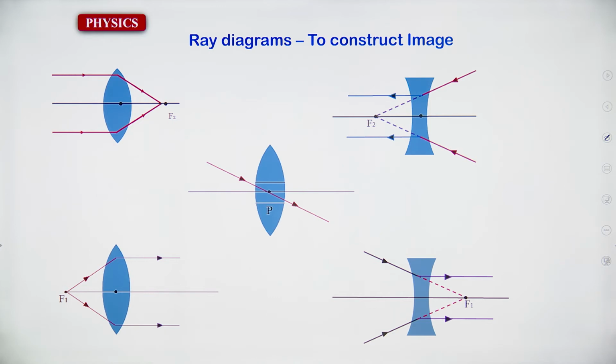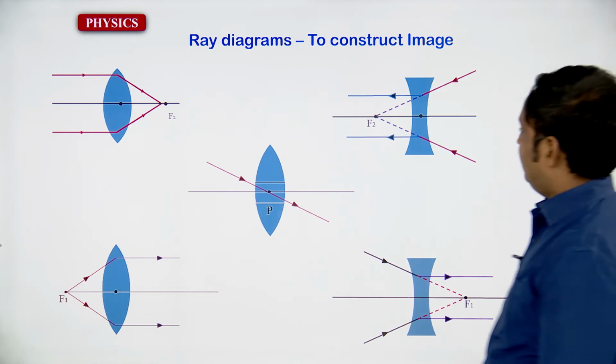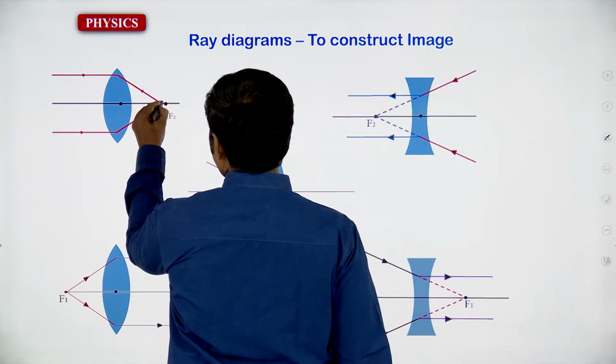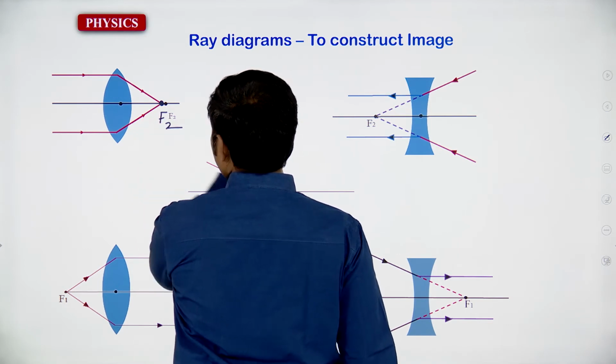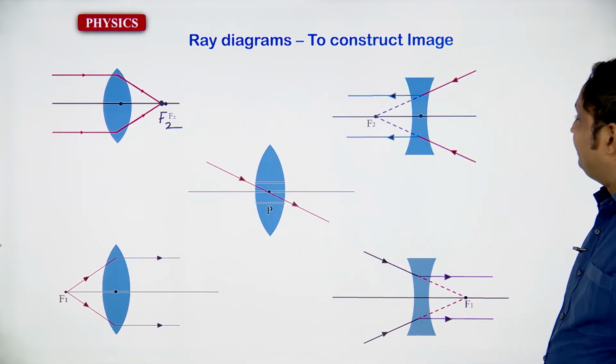If you look at the first diagram, it represents the incident parallel rays which, after the refraction, meet at one point. That is going to be F2. It's very clear. This is F2.